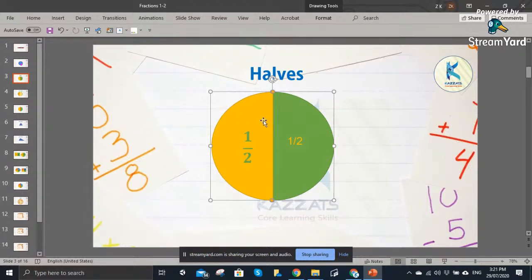Like we have divided this shape into two equal parts, so it is 1 over 2. This part is 1 over 2 and this part is also 1 over 2. As you can see, I have used two different ways of writing, because fraction is a difficult topic, and when we are writing it on the board and on the computer, there are two different ways to write it.